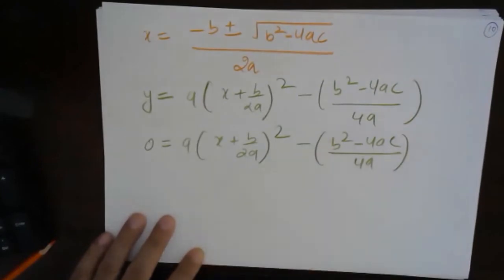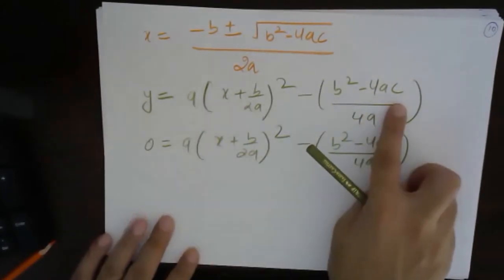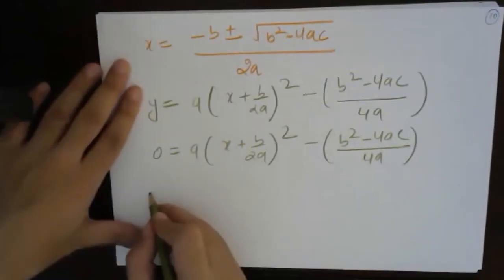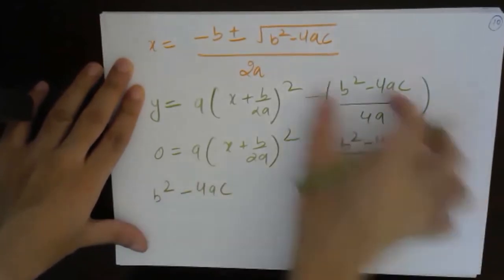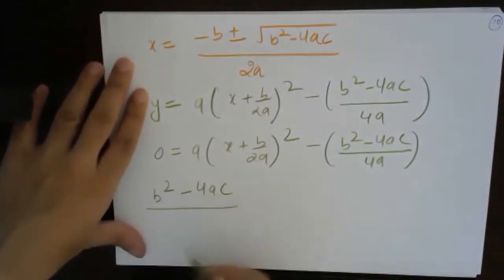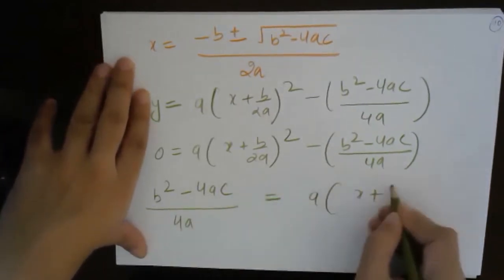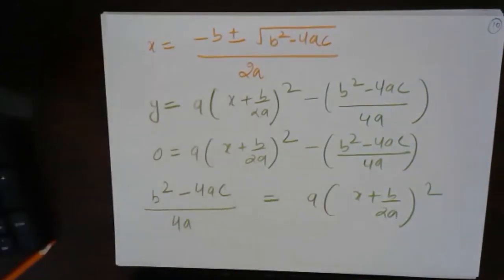This is what we got by converting into a perfect square. I will simply take this on the other side, so b square minus 4ac by 4a is equal to a into x plus b by 2a whole square. I will divide this with a because a is non-zero.